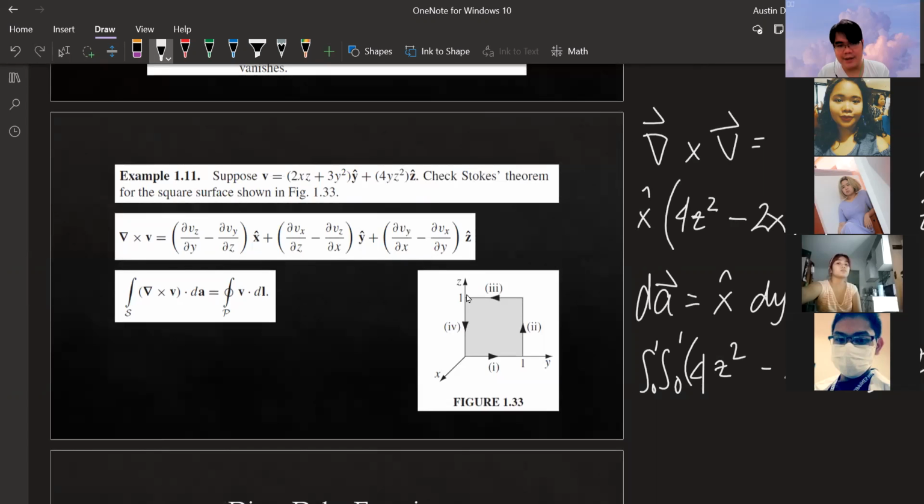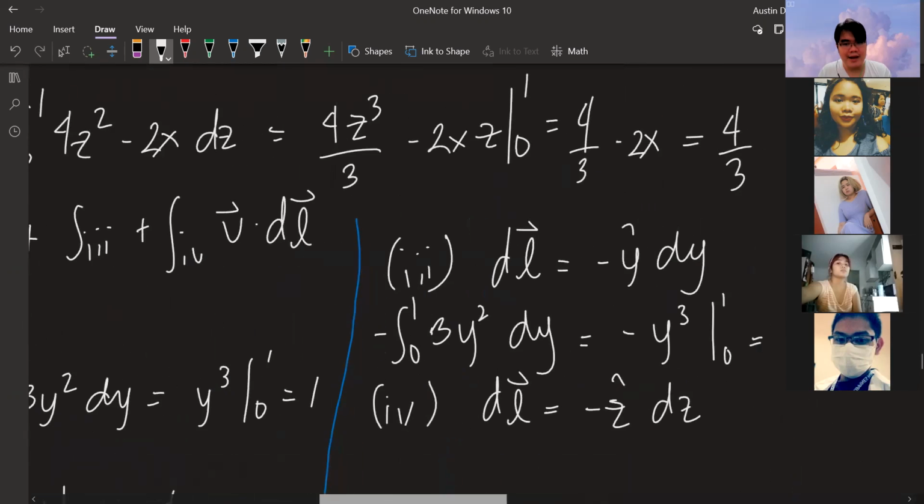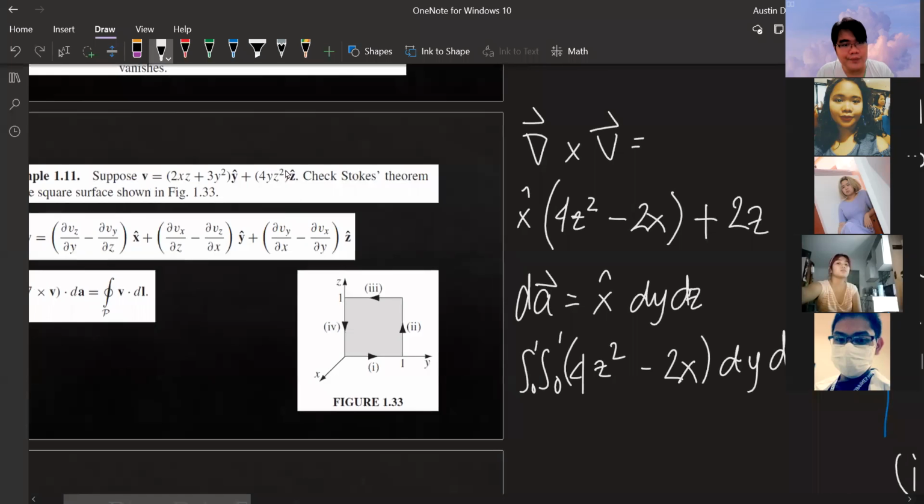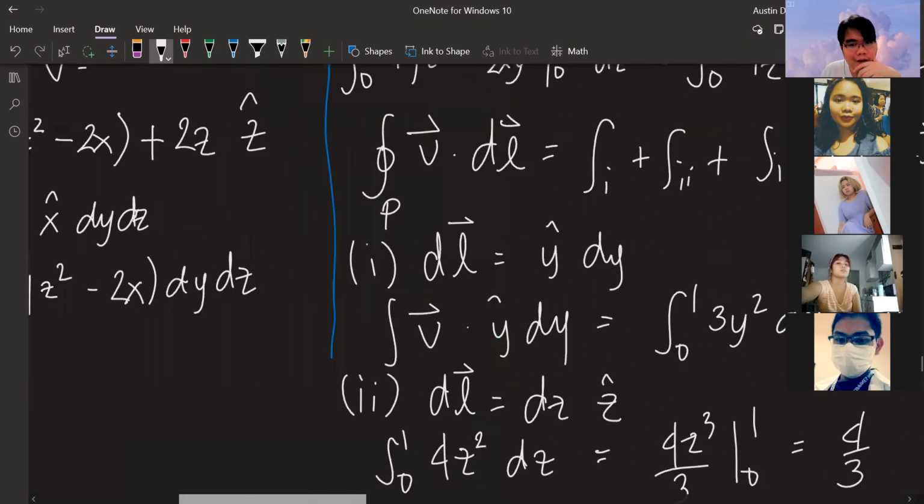Tama? Negative z hat, tapos dz yung line mo, yung path mo. And then, dahil z hat lang meron tayo, titingnan natin ngayon yung z hat. However, yung y mo at this line, so number 4, is just 0. Okay?